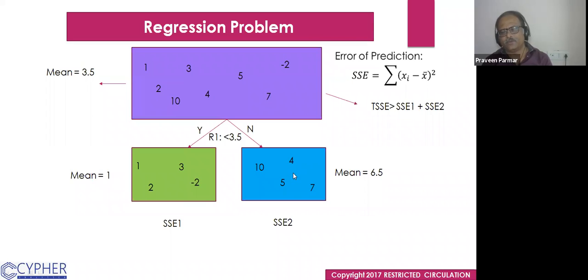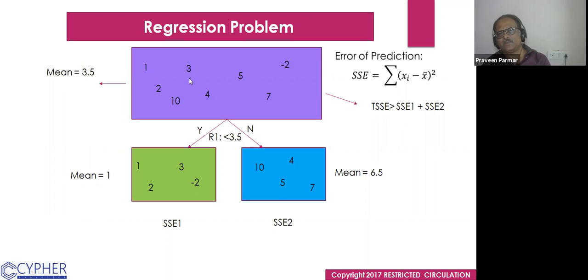So I want to show you the SSW here and the SSW here, the sum of square within. We could say SSW1 and SSW2. Instead of E, you could assume it is W. And the sum of SSW is always less than the total sum of square.